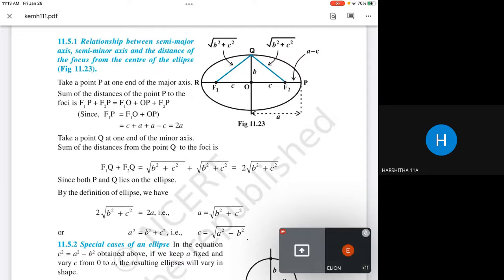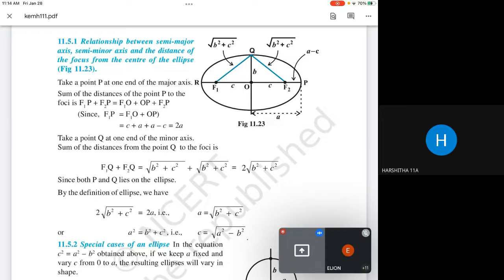So the simple thing is that take a point P at the end of the major axis, and the sum of the distances from the point P to the foci F1 and F2. Any point present on the ellipse, from that point to F1 plus from that point to F2, whatever distance you have, any other point you take will also give the same distance.